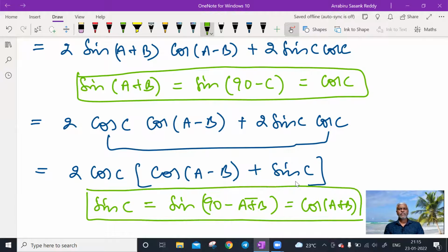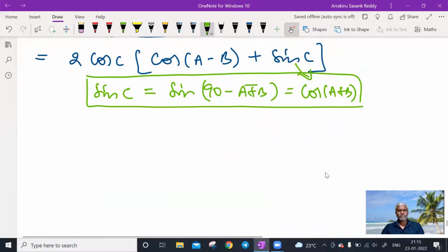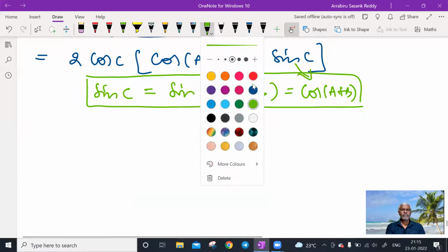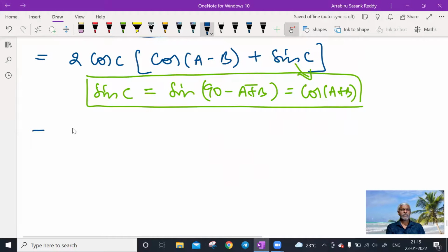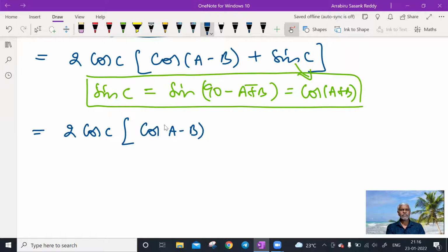So here we have to convert sin C into cos (A plus B). Converting it, cos C as it is, cos (A minus B) as it is, plus cos (A plus B).